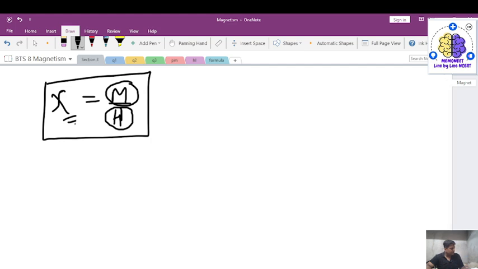Then the relation between magnetic permeability and magnetic susceptibility, you again have to simply remember. We have B is equal to mu naught into (H plus M).